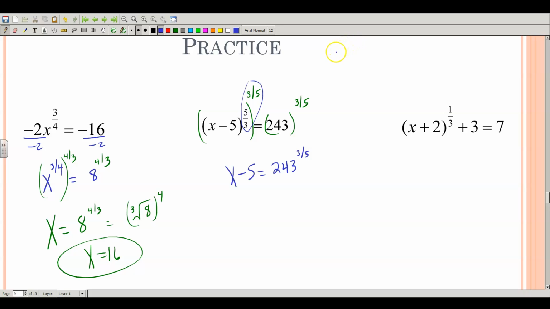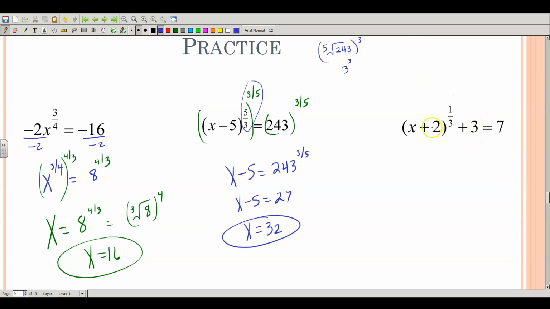Well, 243 to the 3/5 would be the 5th root of 243, and then all cubed. The 5th root of 243 is 3, and 3 cubed is 27. So we have x - 5 = 27. And if we add 5 to both sides, we end with x = 32 as my answer.